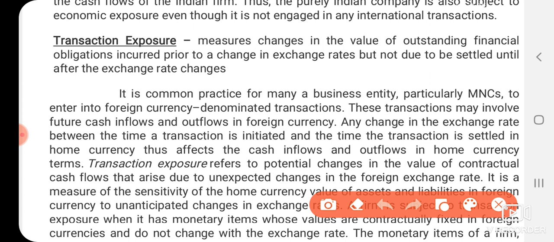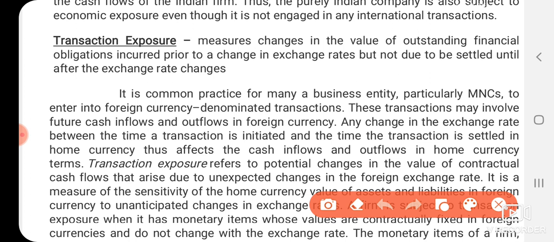Here, the potential changes are in the value of contractual cash flows, that is, monetary assets and liabilities. I have already told you about monetary assets and liabilities in the previous video. They are any type of assets, like investments and accounts receivable, which can be converted into cash within a short period.